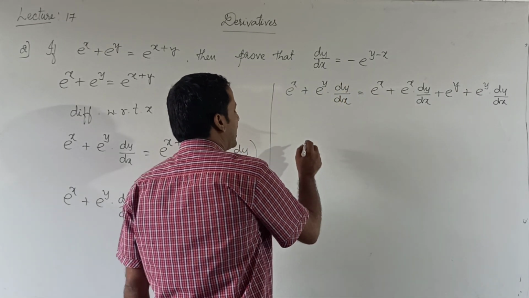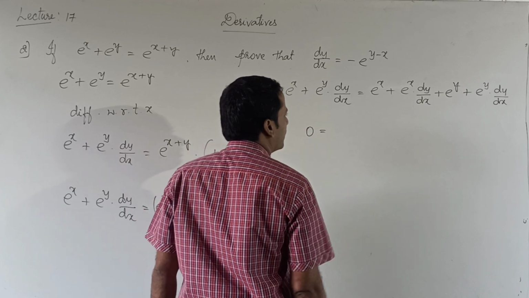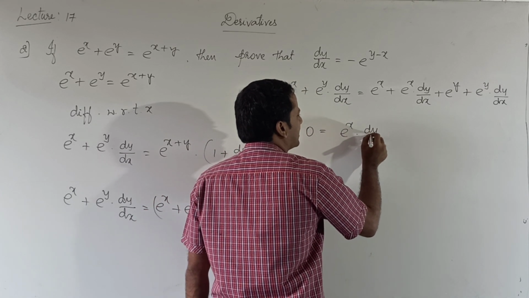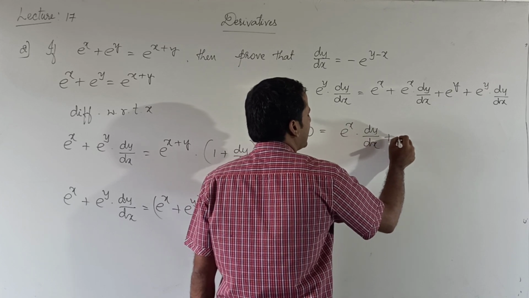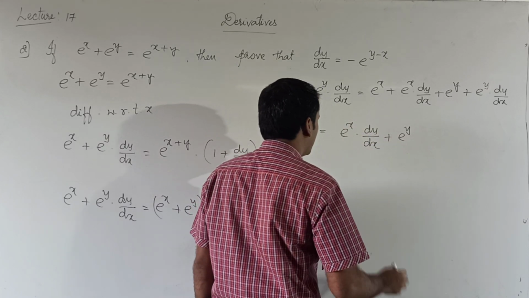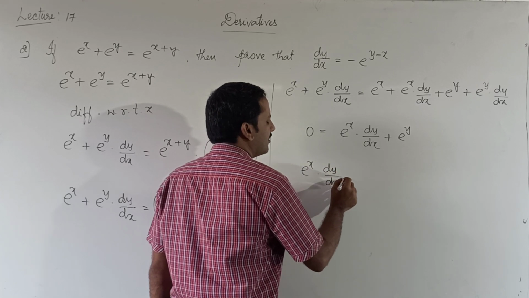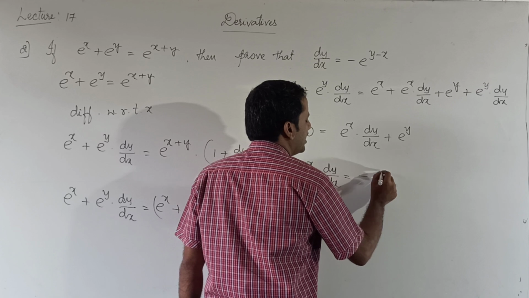Okay. So now we are left with 0 is equal to e^x into dy/dx plus e^y. Which means e^x into dy/dx is equal to minus e^y.